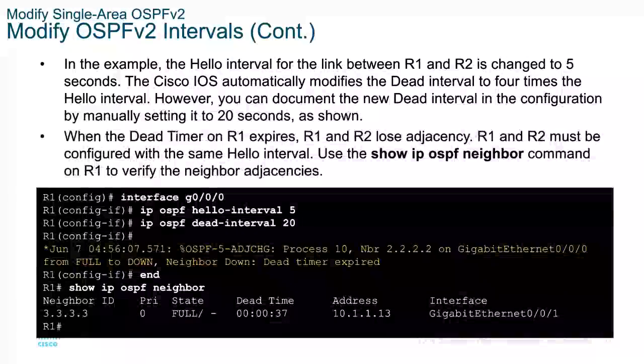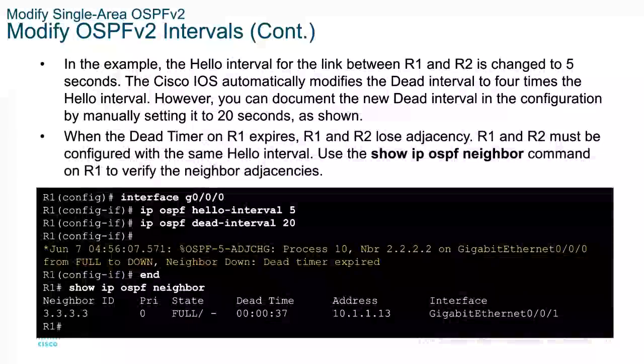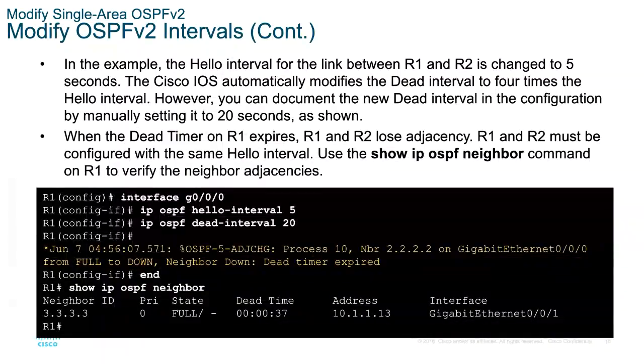Your exchange will go down because the timer is now not the same, and they need to be the same for all of the participating devices within the same environment.